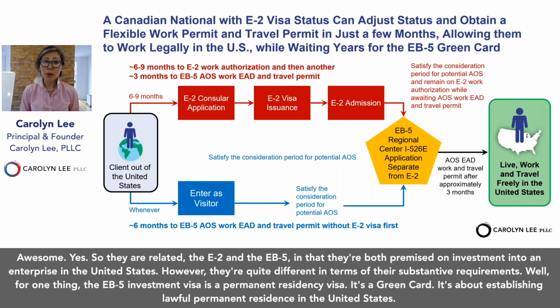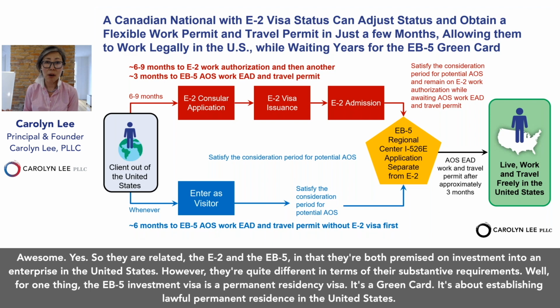Yes. So they are related, the E2 and the EB-5, in that they're both premised on investment into an enterprise in the United States. However, they're quite different in terms of their substantive requirements. For one thing, the EB-5 investment visa is a permanent residency visa.